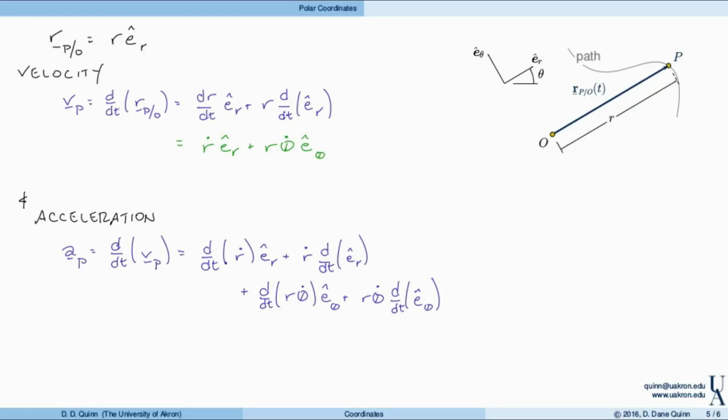Well, when I work through this, the derivative of r dot is r double dot, and the derivative of ER is theta dot e theta.